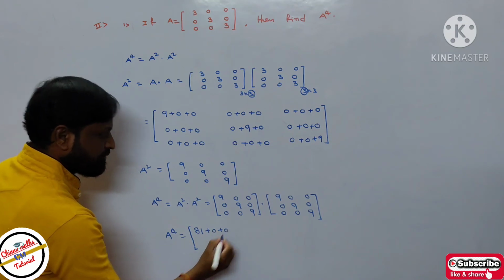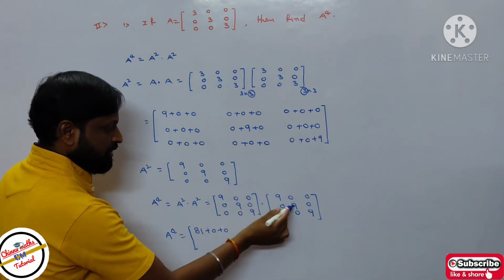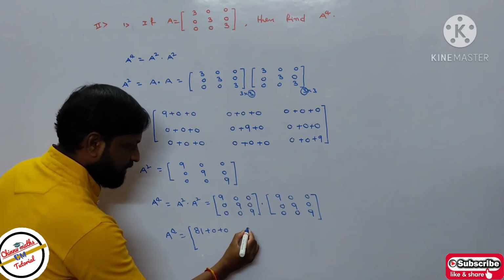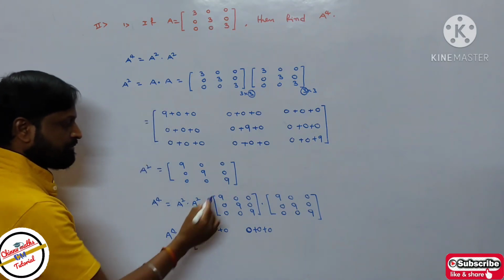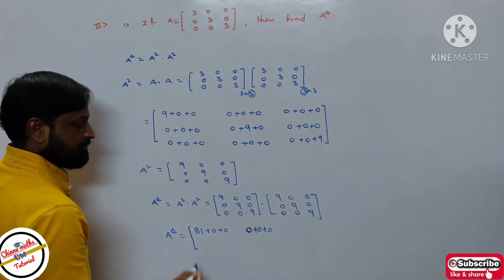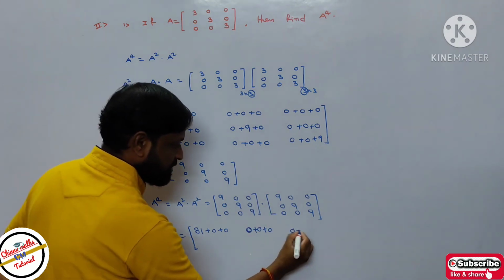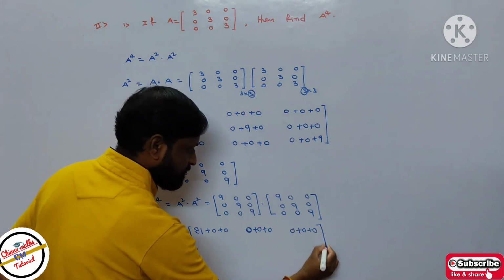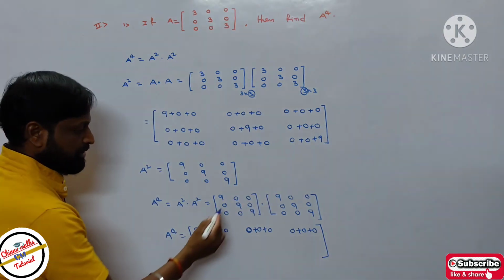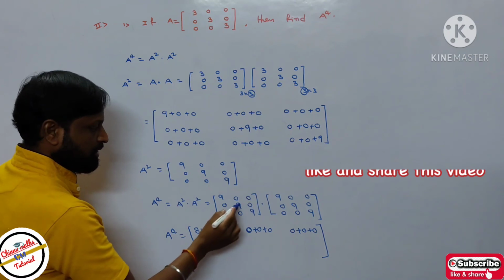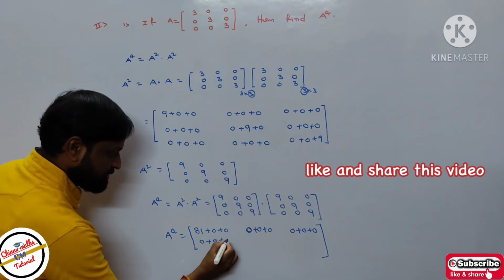Similarly R1 C2, 9 into 0, 0 into 9, 0 into 0, the total value is 0. Write clearly. R1 C3, 9 into 0, 0 into 0, 0 into 9, it is also 0. Similarly R2 C1, 0 into 9, 0, 9 into 0, 0, 0 into 0, then 0 plus 0 plus 0.